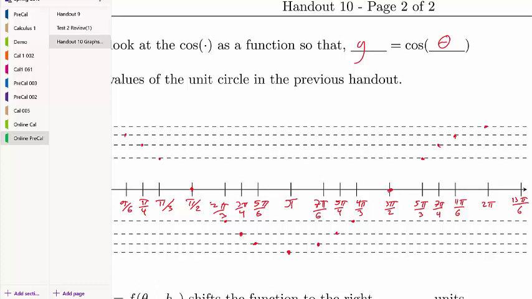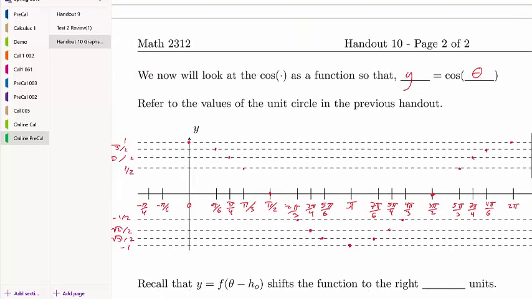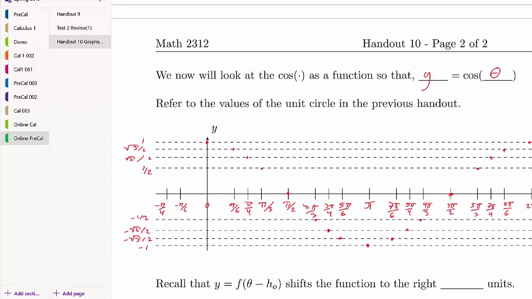Right there, and here's the next one right there. And then these next guys, again, verify these as well on the unit circle. That is when you go clockwise instead of the typical counterclockwise. Alright, so connect all the dots as best we can.